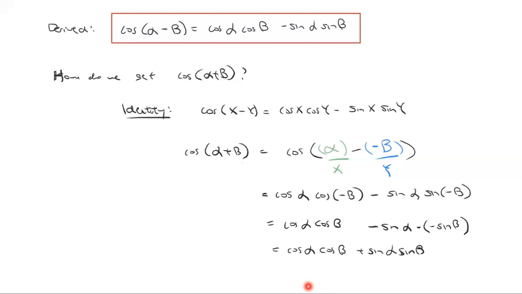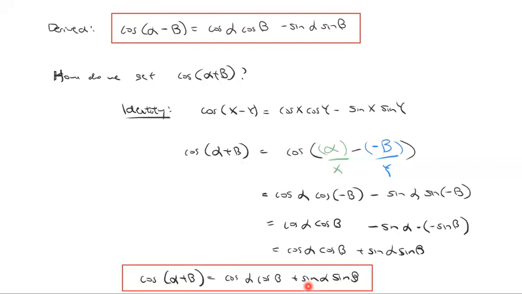So in other words, at this point we now have cosine of alpha plus beta equals cosine alpha cosine beta plus sine alpha sine beta. Great. So that's how we do that.